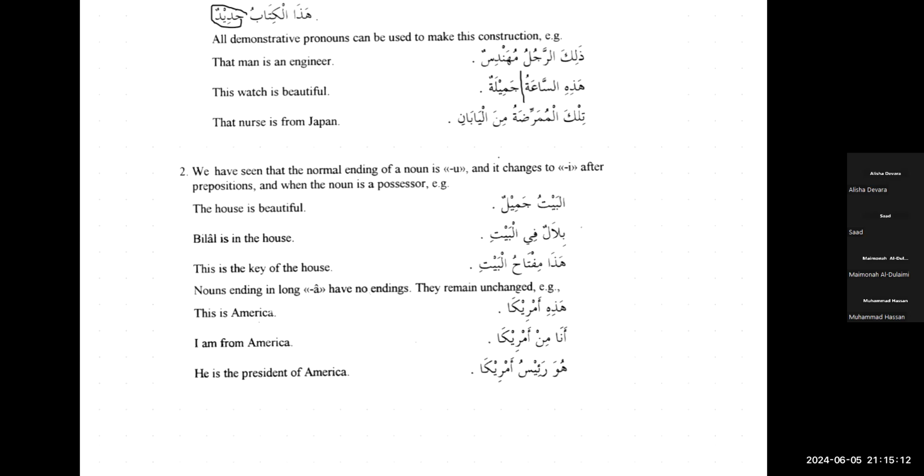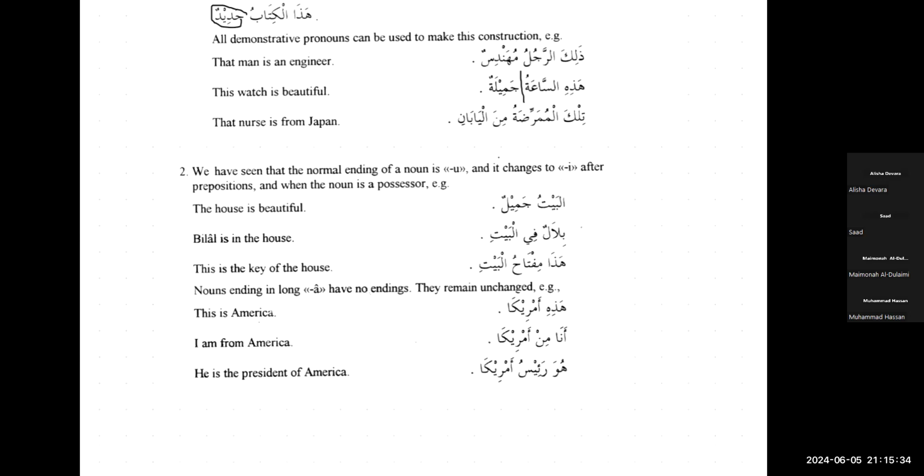If it's with the alif lam, then it's going to be one dhamma. So what we're going to see over here is that we know a couple of things so far. We know that if there's alif lam, it's going to be just one u. If it's without alif lam, it'll be un.